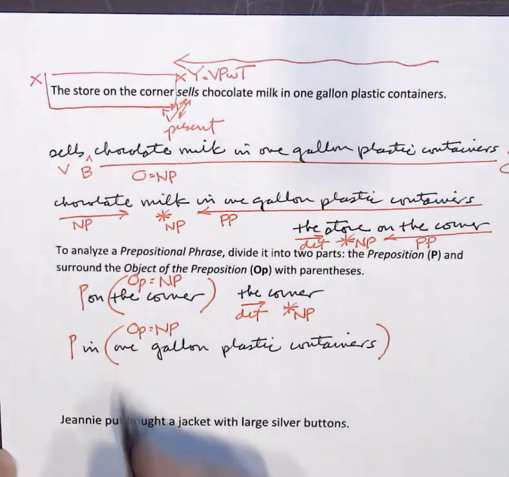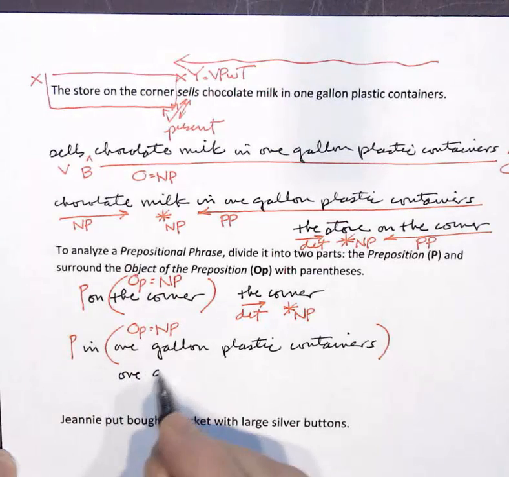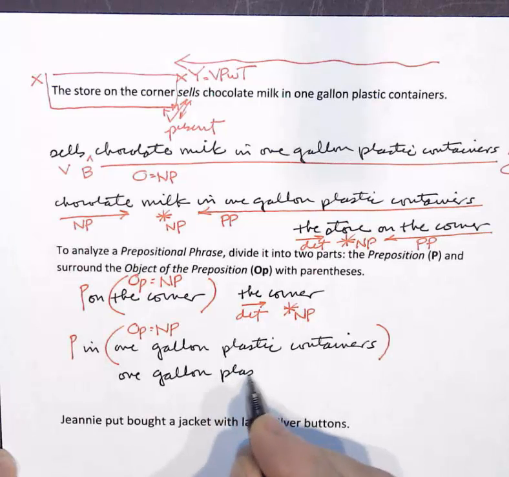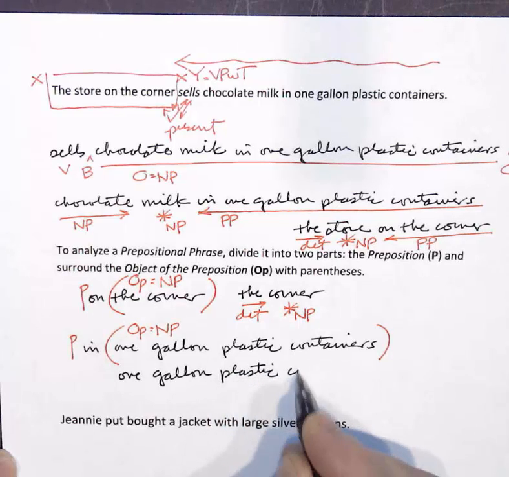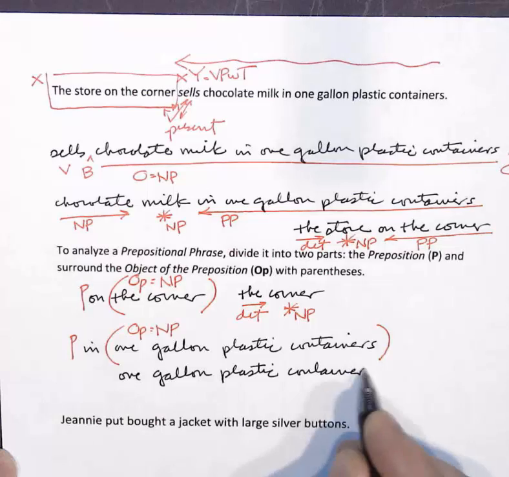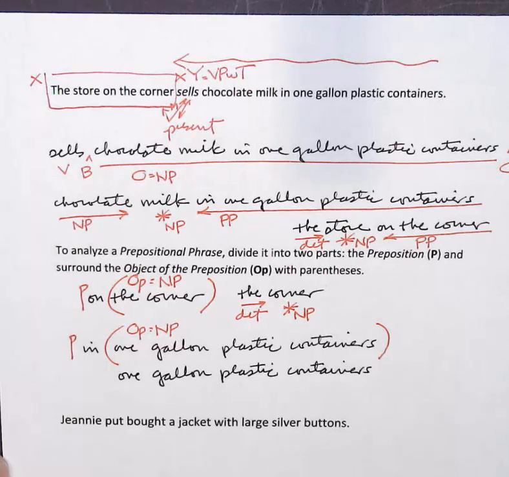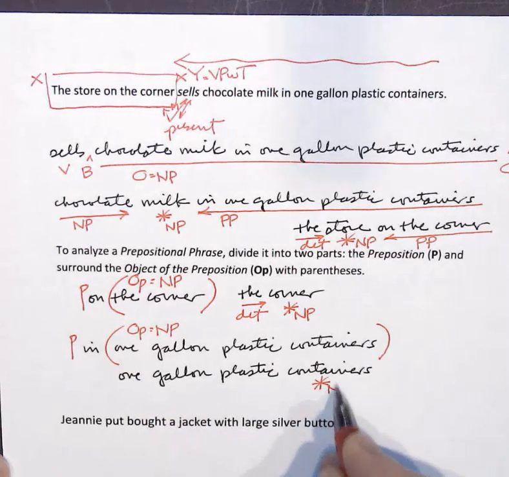We can rewrite our noun phrase. 1 gallon plastic containers. And we already know this, lesson 14 completes noun phrases for us. So we can take apart any noun phrase. We can analyze 1 gallon plastic containers. Containers is the noun phrase head.